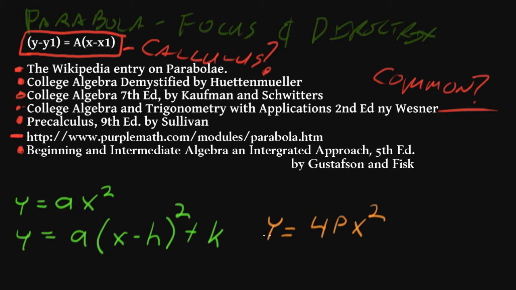I'm just going to do my derivative version above it, and you're going to see that there's no real difference here: y equals 1 over 4p times x minus h squared plus k. And these are the shifted versions, and these are not.